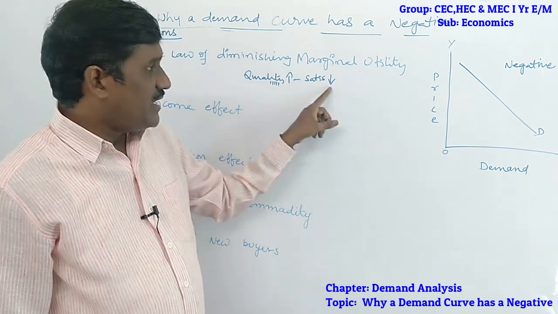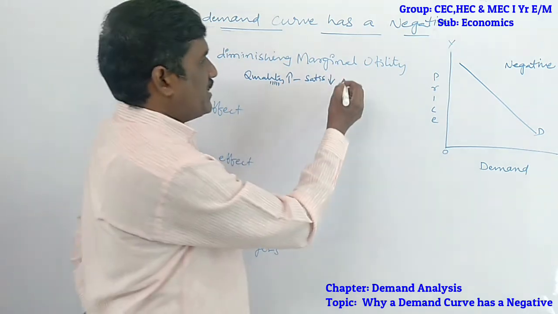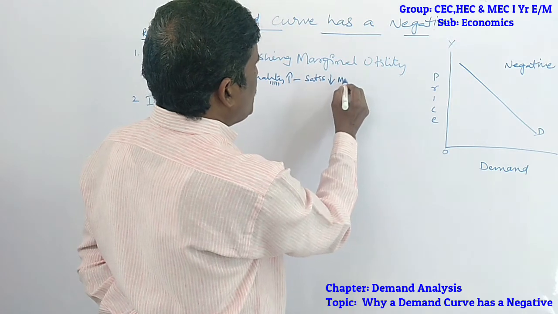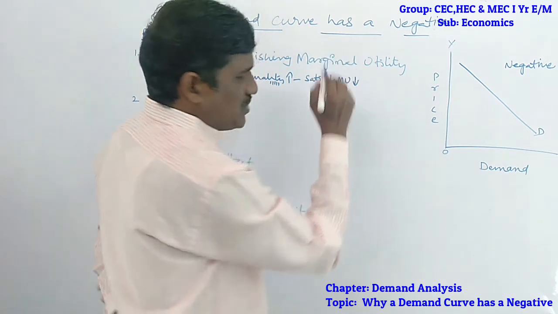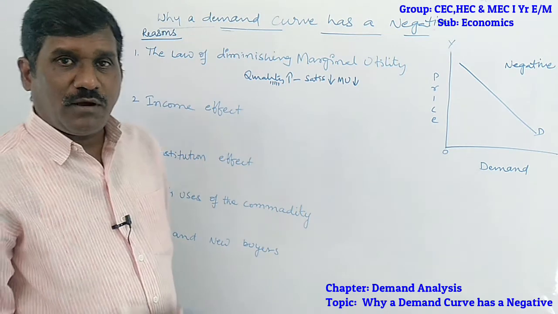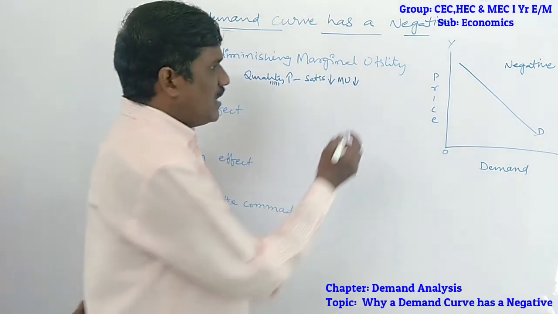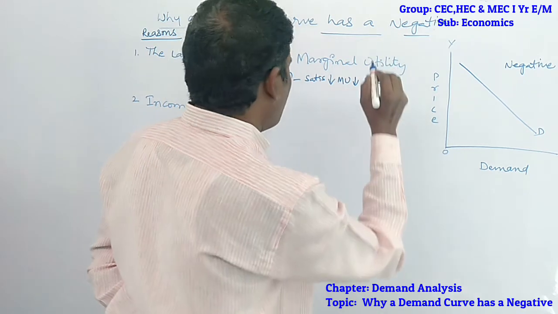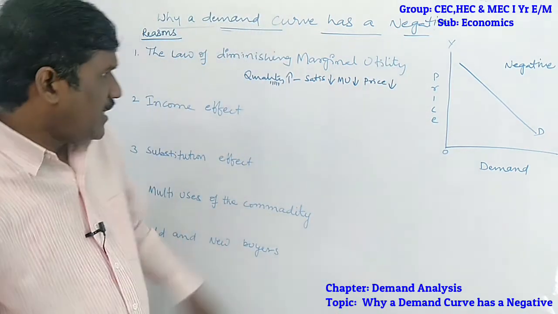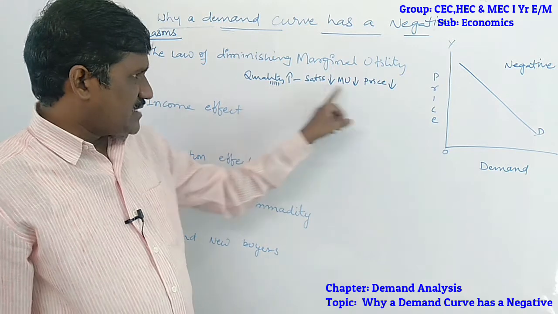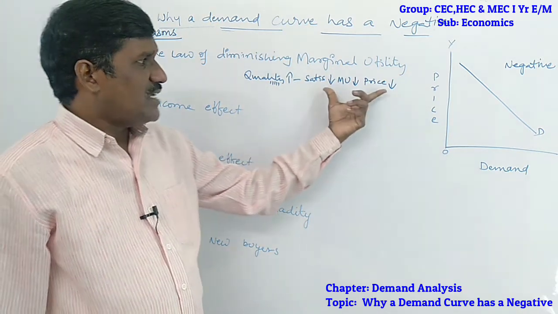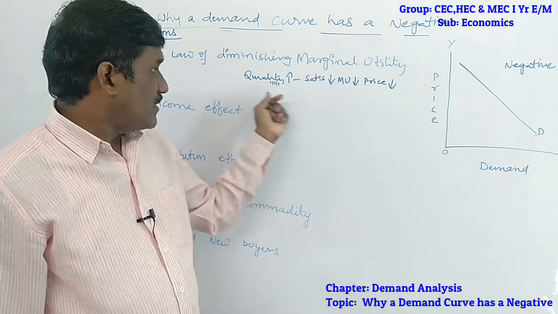So it is an inverse relationship. When the quantity increases, the marginal utility, MU, diminishes. When the marginal utility diminishes, the price of that good decreases. So quantity increases, the price of that good decreases. It is an inverse relationship between price and quantity.